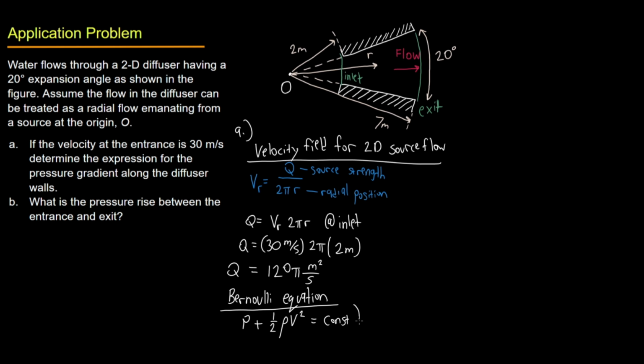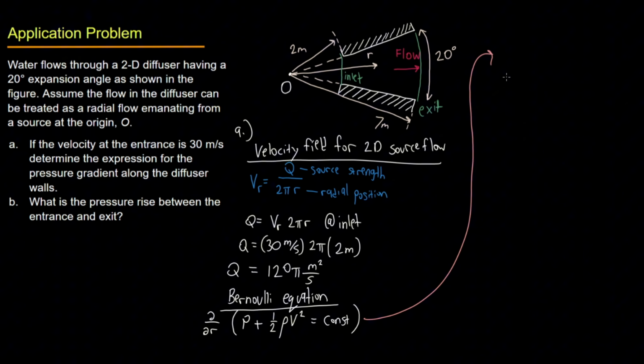And then what we're going to do is derive this with respect to d/dr. So we're going to do d/dr for this whole thing, and we're going to need to move this over to the side.